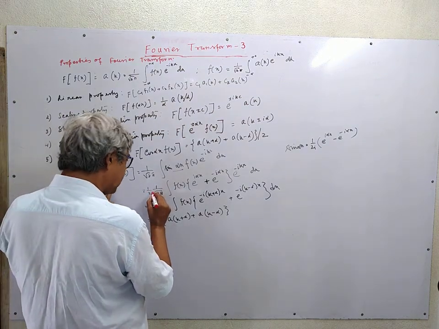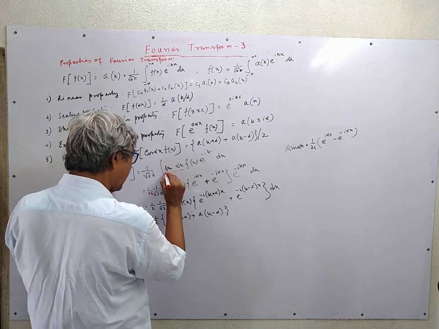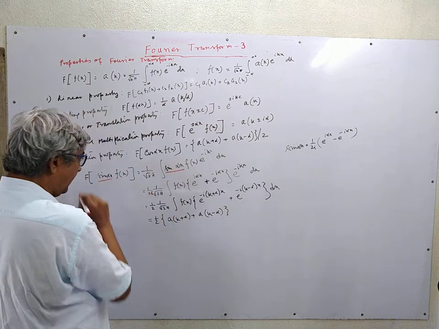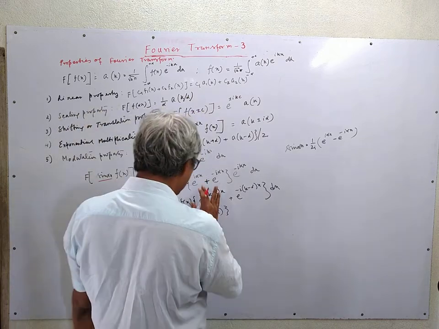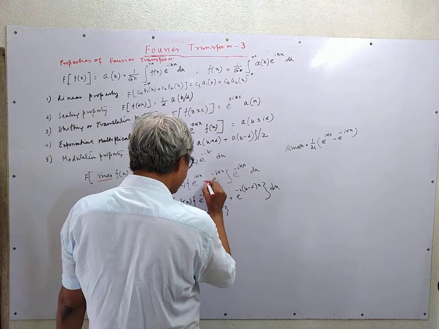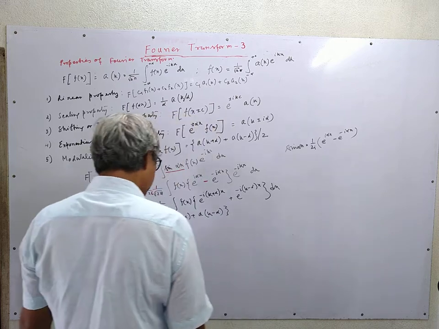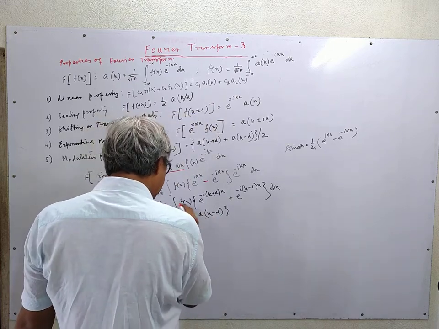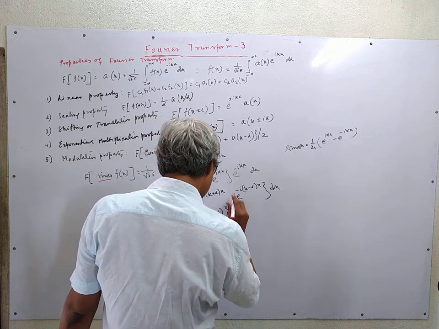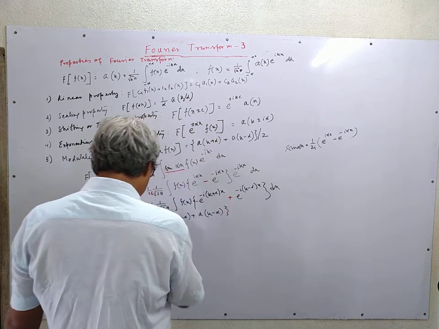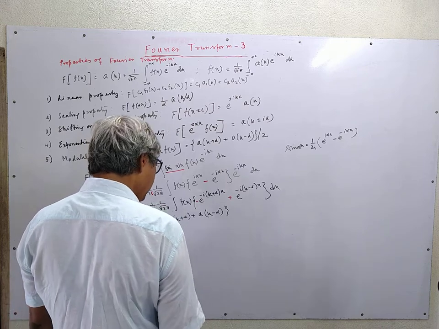The change is this, here we have changed sine function, here we have changed sine function, and then it is e to the power minus thing. So this is minus, this is plus, and this is 2i there.